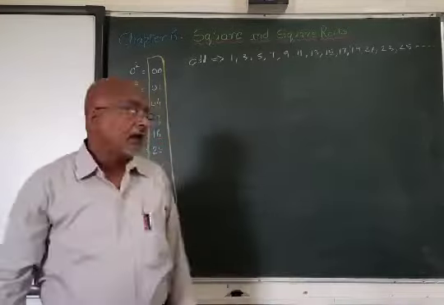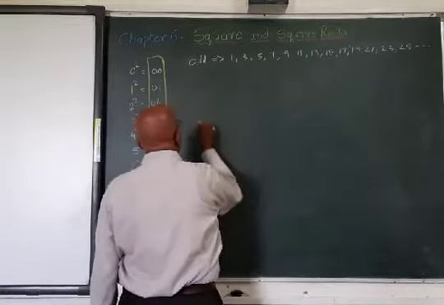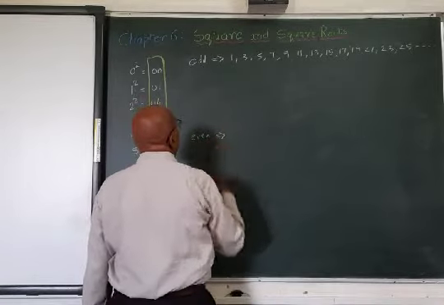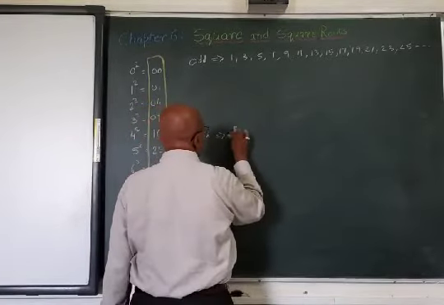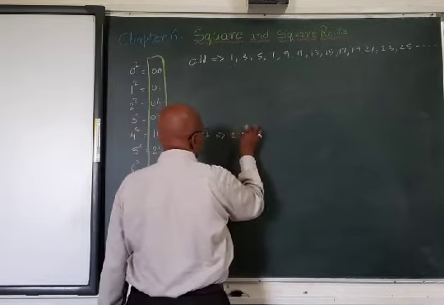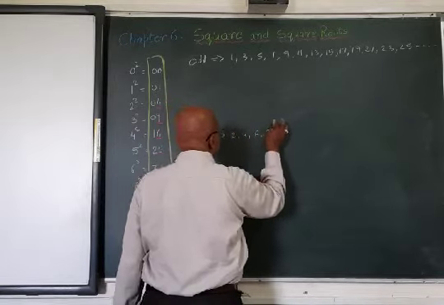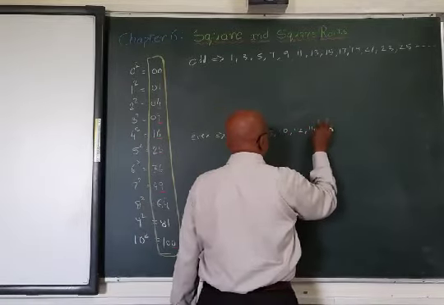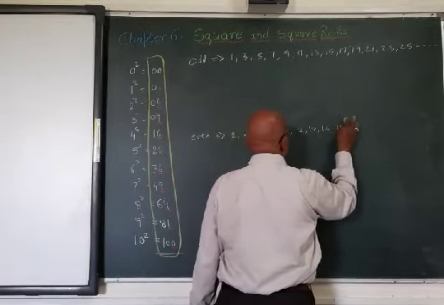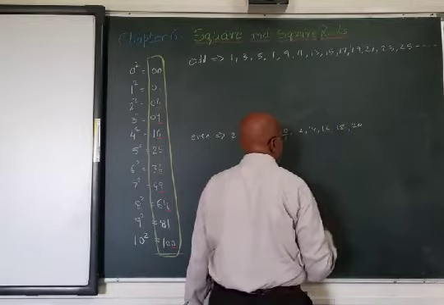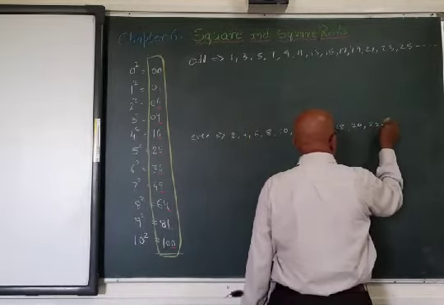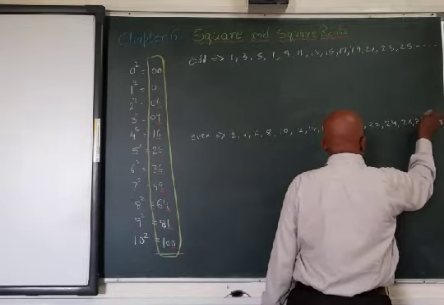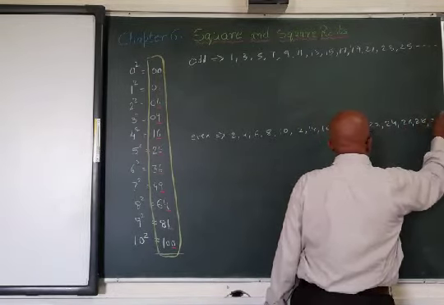Okay. And if we take the even series also, then even numbers come 2, 4, 6, 8, 10, 12, 14, 16, 18, 20, 22, 24, 26, 28, 30.